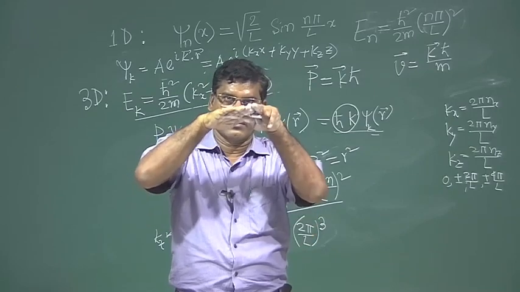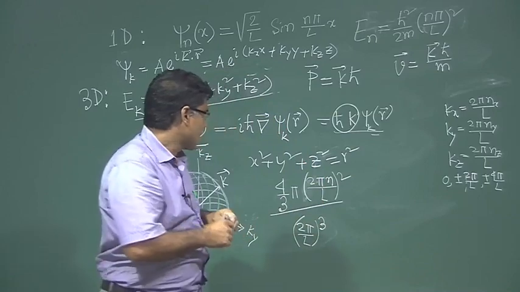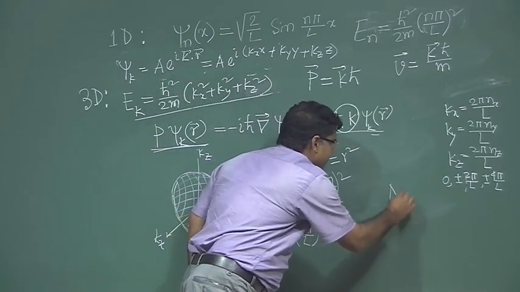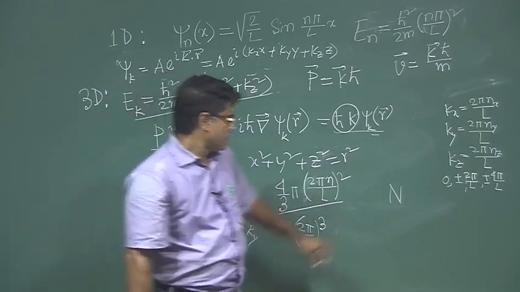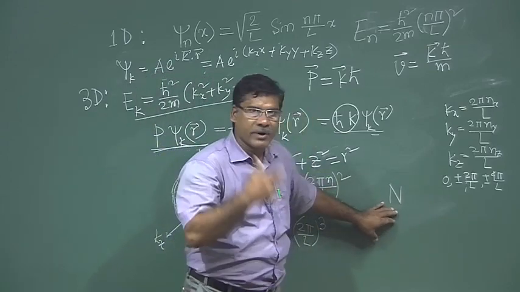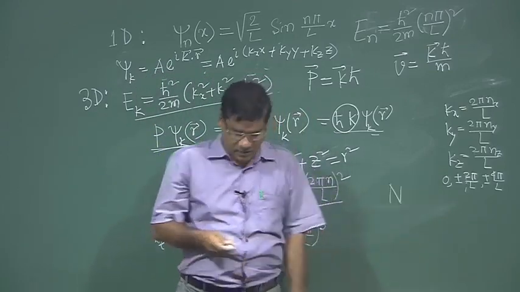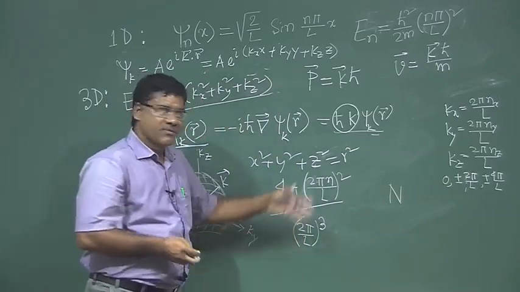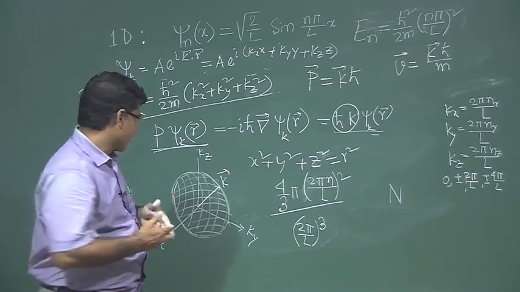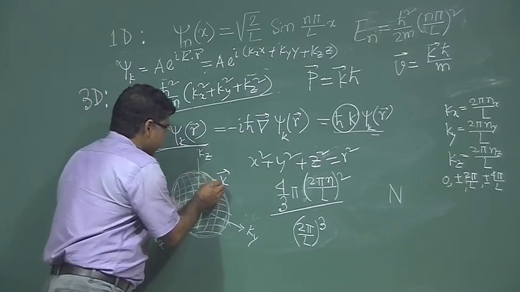So, how many orbitals do we need to fill to accommodate this n number of electrons?